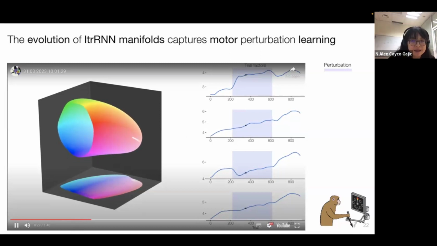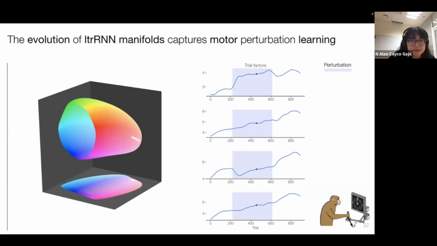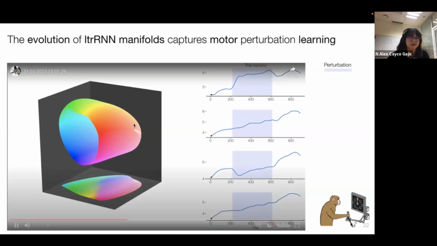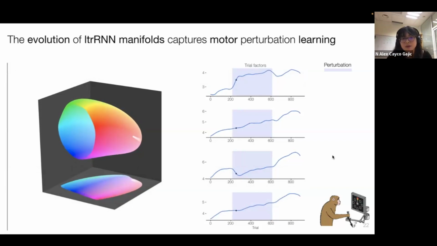And then at the end, you'll see it rotate again down here. Yeah. So this is the change in the manifold structure that we saw in this particular task, which I'll admit is not as cool looking as the sinusoids, but we're interested in continuing further and to analyze how the geometry and the dynamics change over learning.